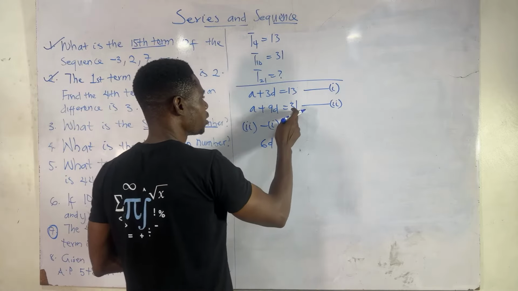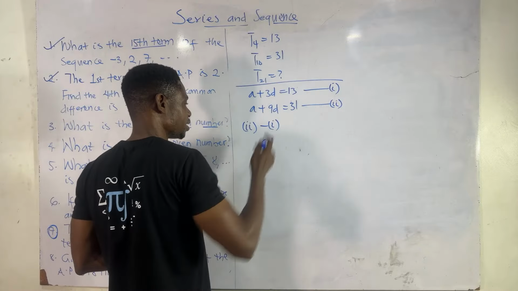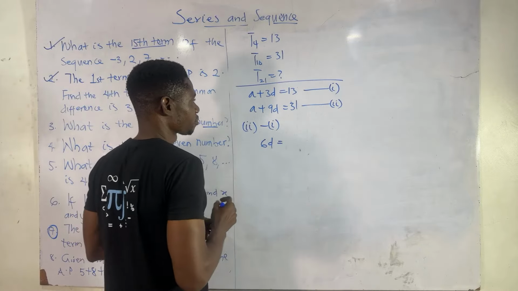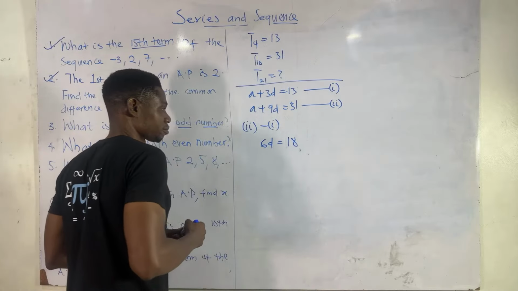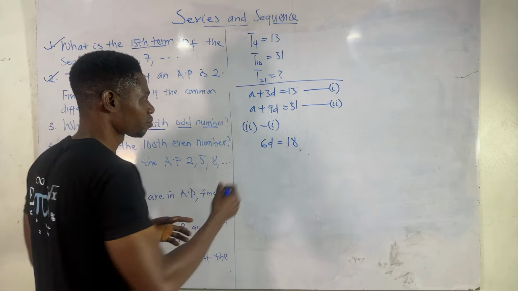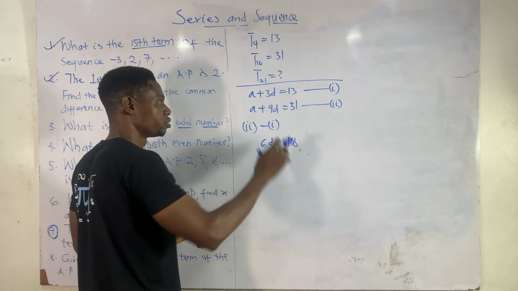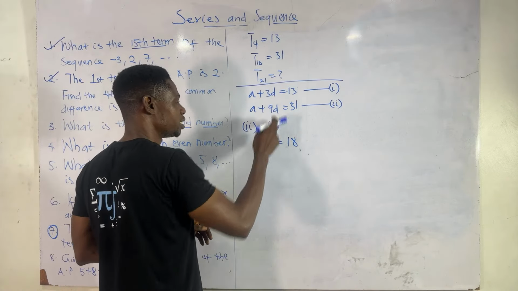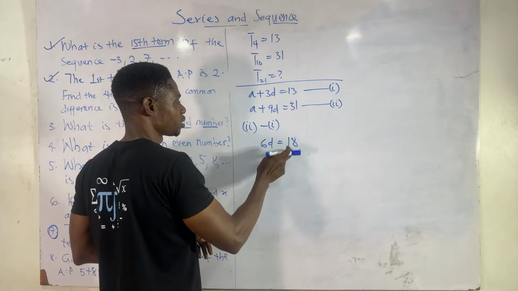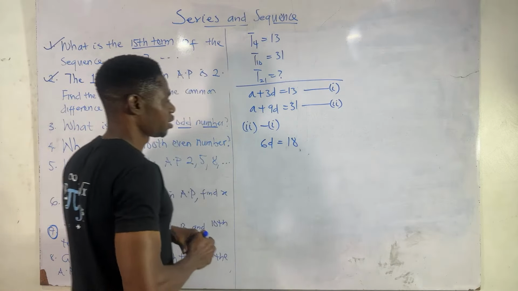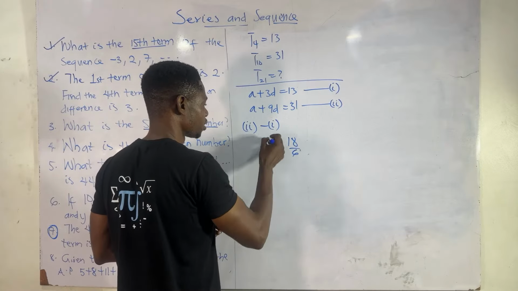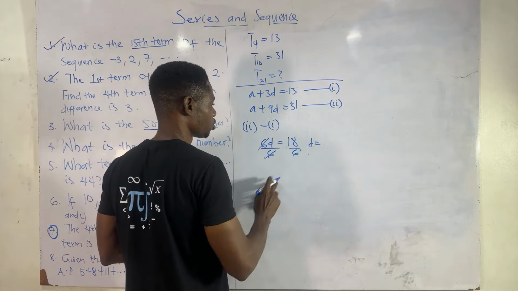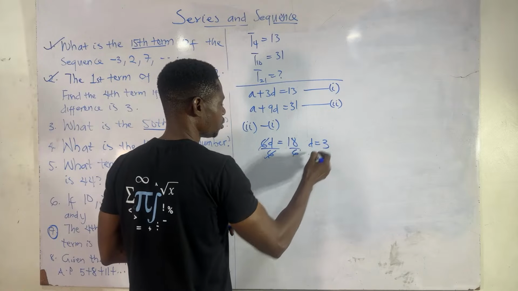So A minus A, 0. 9D minus 3D, that's 6D. 31 minus 13, that's 18. So straightforward, we can divide both sides by 6, and D is equal to 3.